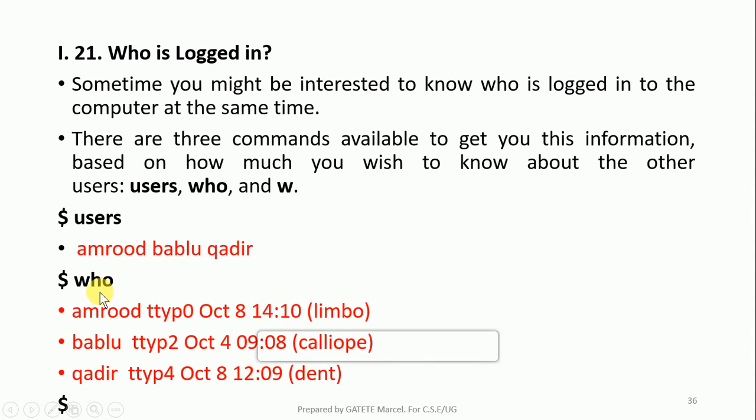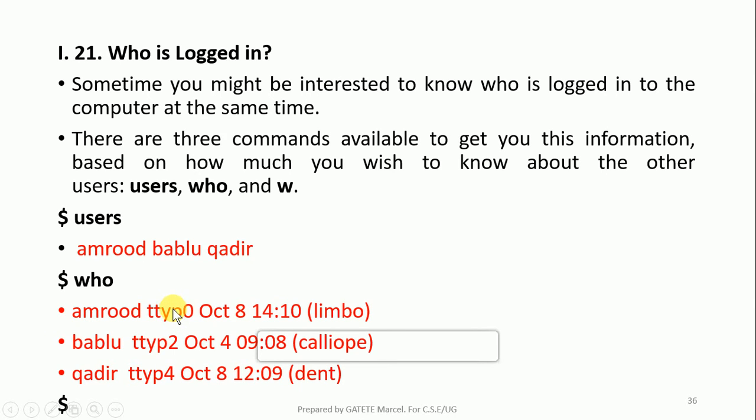If I put who, it will show all the users, but it will display additional information to show that Amuro has logged in to our system at terminal 0. If you are having 3 users working on your system, each user will log in at a terminal different from the other terminals. Each one will be given a terminal to log in.